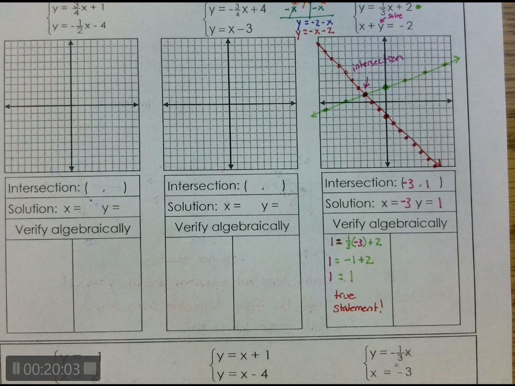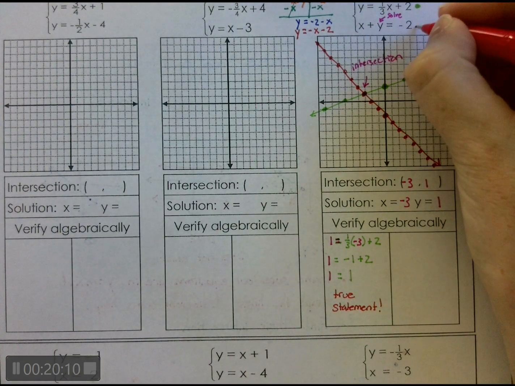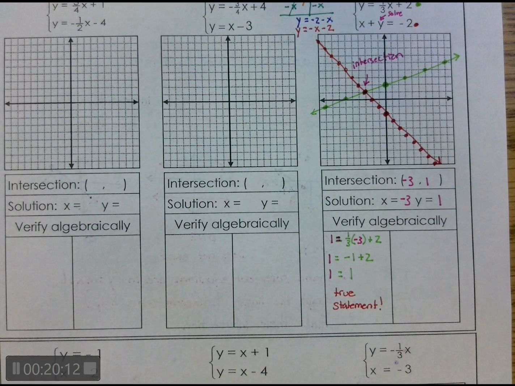Now we have to check for our second equation. So for this one, sorry, I forgot to mark that was red. We have x plus y equals -2.